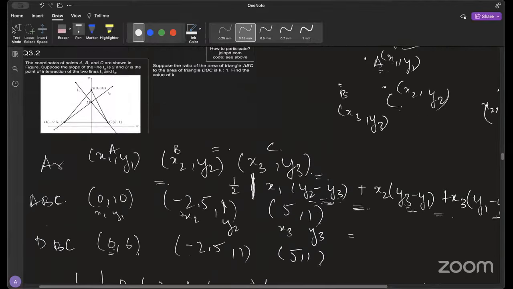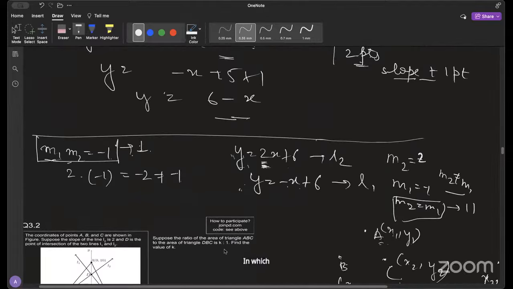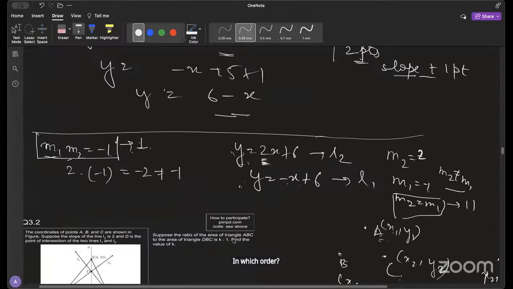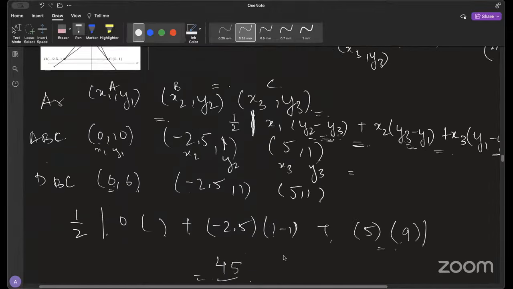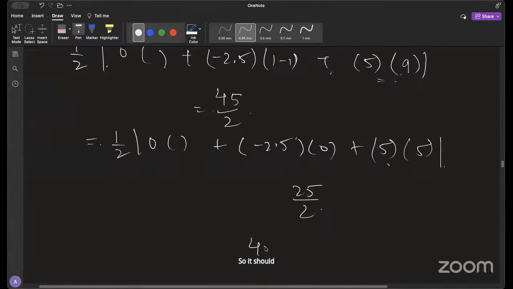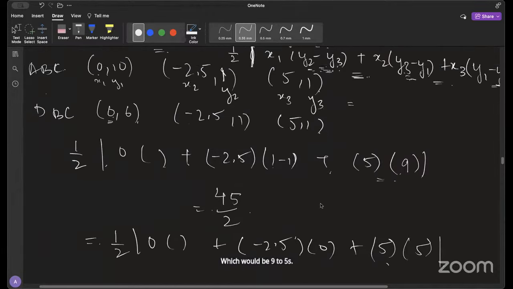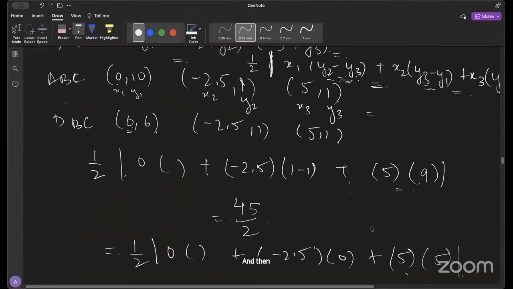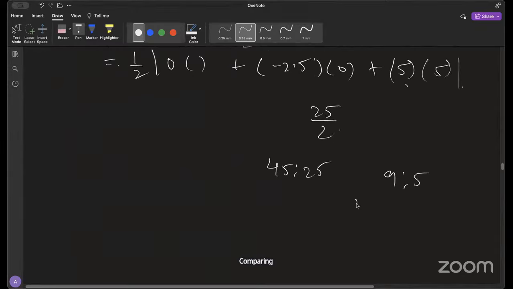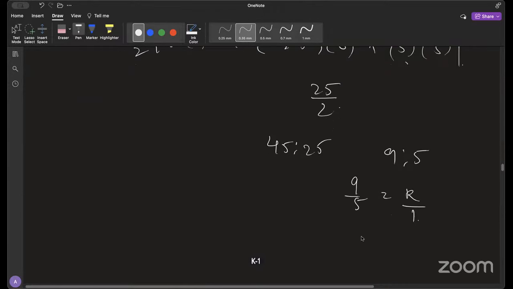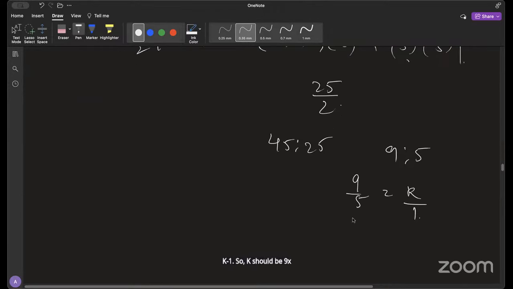And you have to find the ratio in which order? ABC to DBC. So it should be 45 to 25, which should be 9 to 5. And then comparing this to, so this is 9 to 5 ratio, and this is K to 1. So K should be 9 by 5, if we haven't made any calculation mistakes.